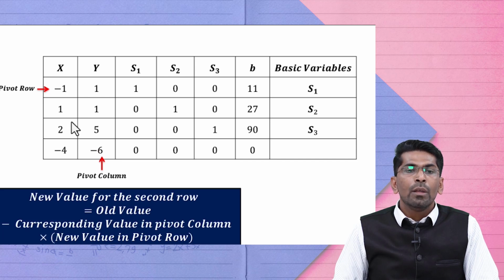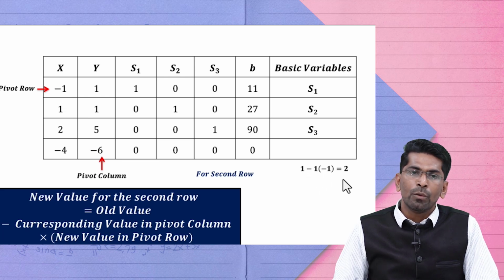So the old value in the second row was 1, minus the corresponding value in the pivot column, which is equal to 1, so -1 into the new value in the pivot row. Corresponding to 1, the new value is -1. So we are putting 1 minus 1 into -1, which is equal to 2.